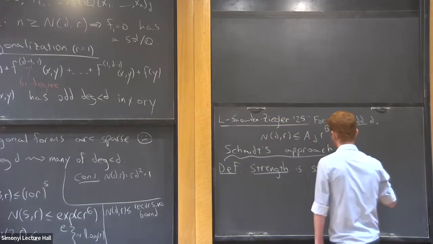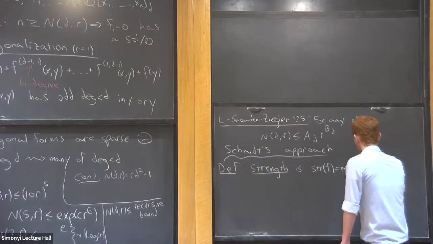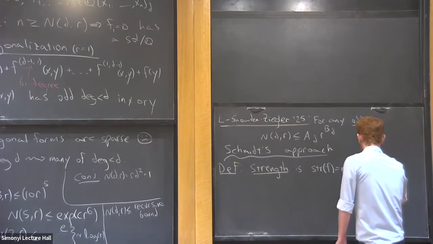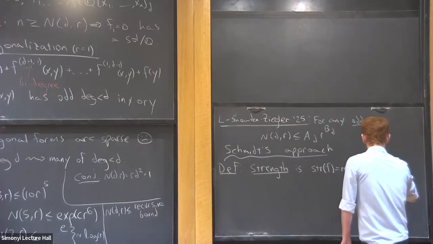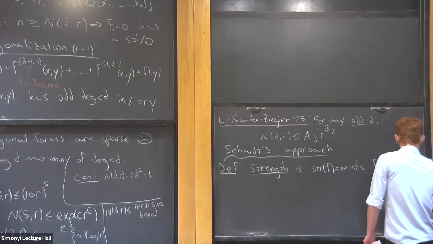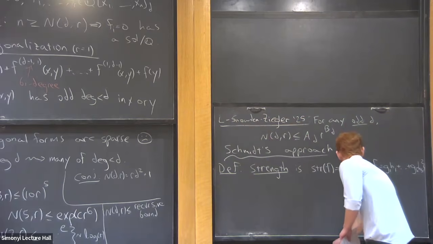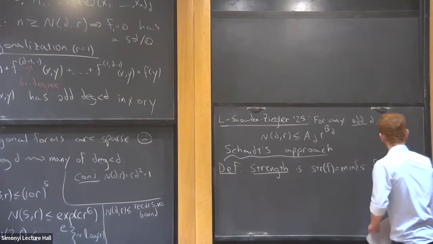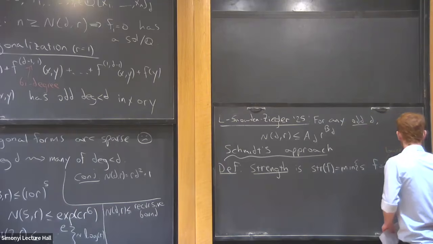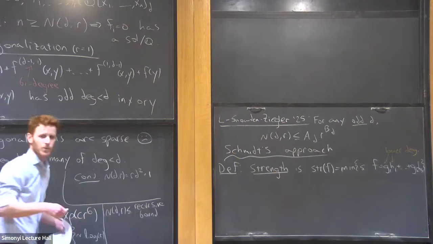So the strength of a homogeneous polynomial is the minimal S such that you can write your form as a sum of S products, where all of these have to be lower degree. And so you're writing it as a sum of reducible forms.